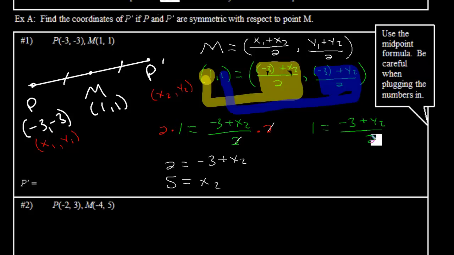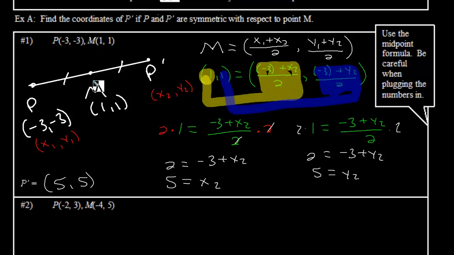Over here, it's the same equation. You solve it the same way. If you multiply both sides by 2, you get 2 is negative 3 plus y sub 2. Add 3 to both sides, and you get y is 5. So the coordinates for P prime are 5, 5.